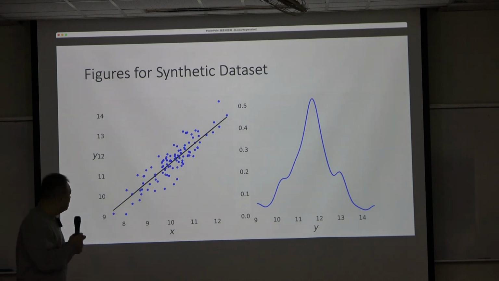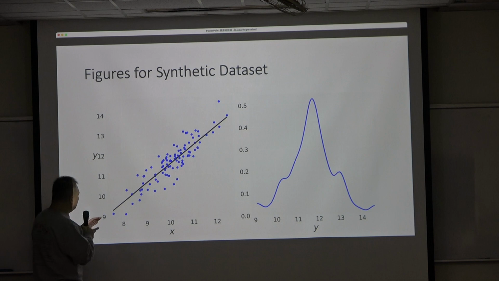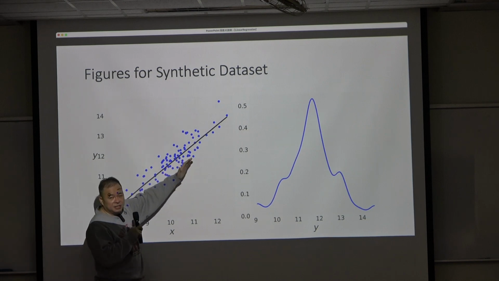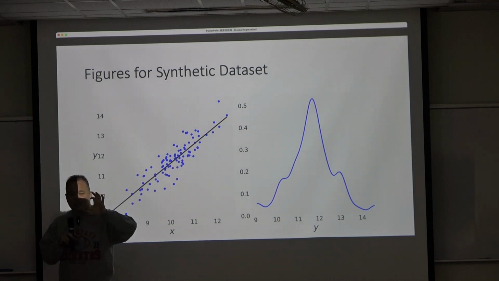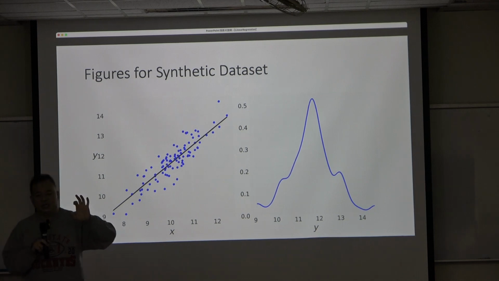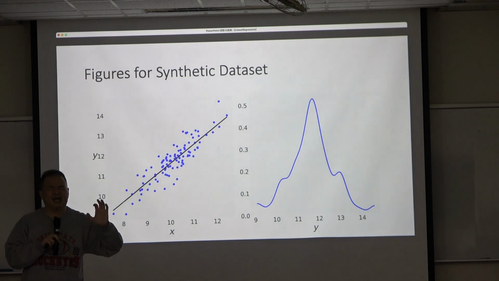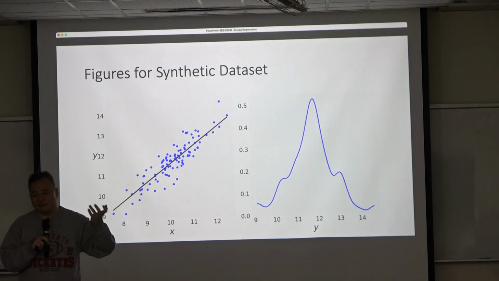They are generated close to this line. We just add some randomness so that these points are not exactly on this line.